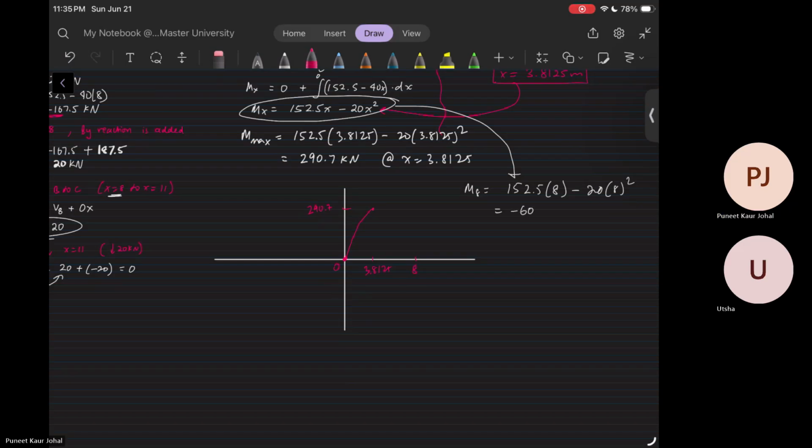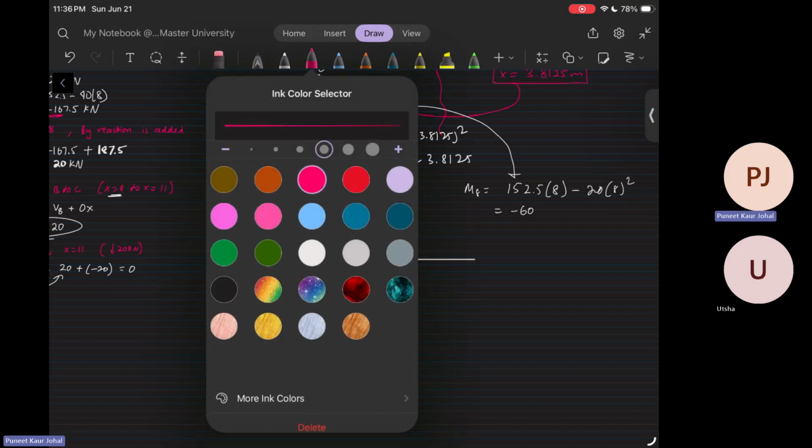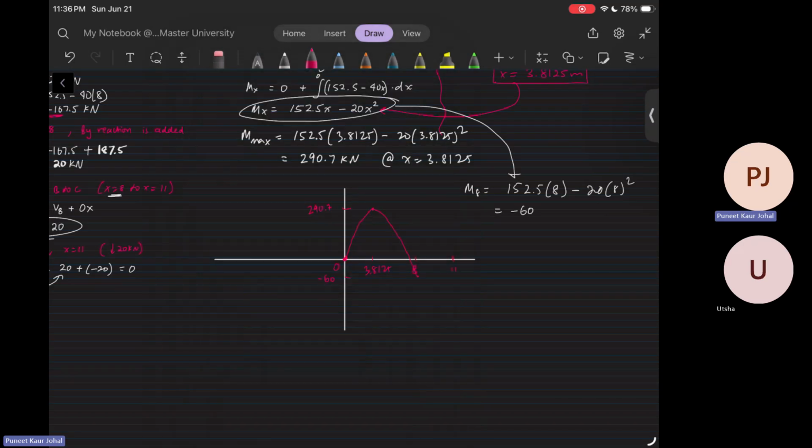So from here it goes all the way to, let's say here, -60. And then we have to see what happens from here till 11. So this is from B to C, which is x equals 8 to x equals 11.